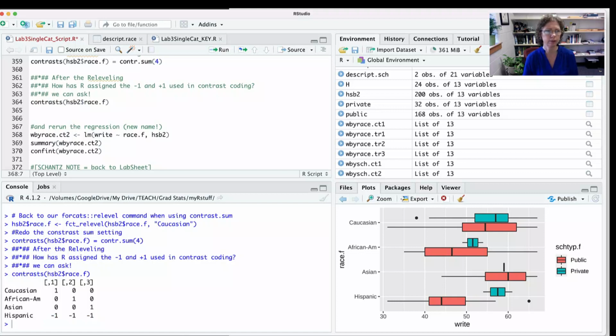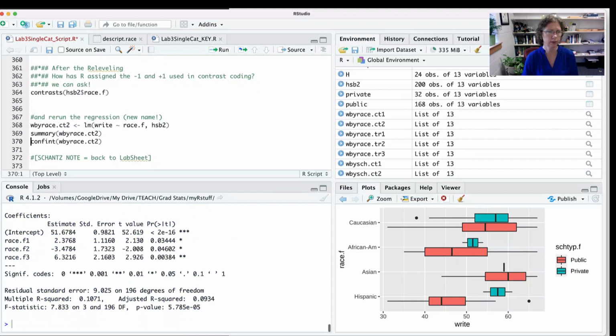We still need to run the regression and check the summary. So same, the F line didn't change, guys. Every time the overall model stayed the same. The only thing that changes is those regression coefficients.